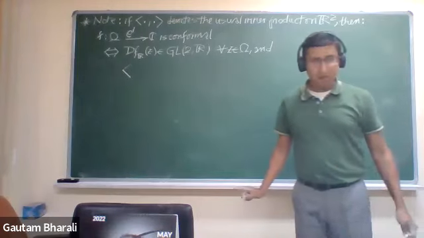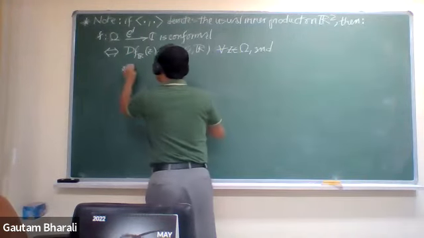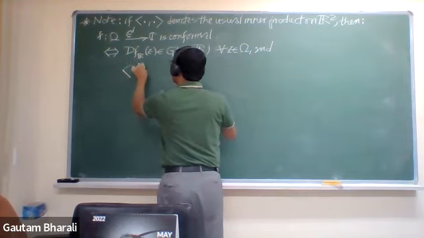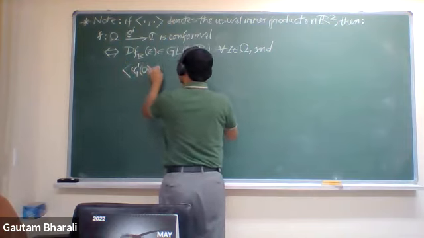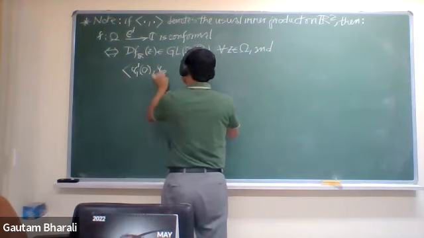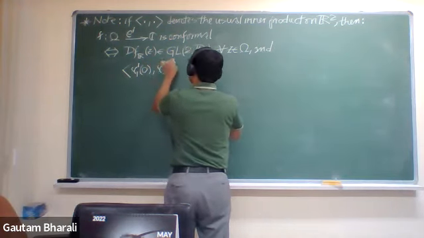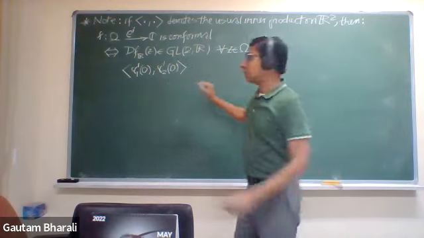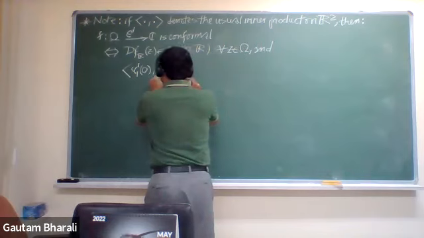Now remember we talked about angles. So you have the inner product of gamma 1 prime at 0, comma gamma 2 prime at 0. Now this alone does not give us the angle. You need to normalize.